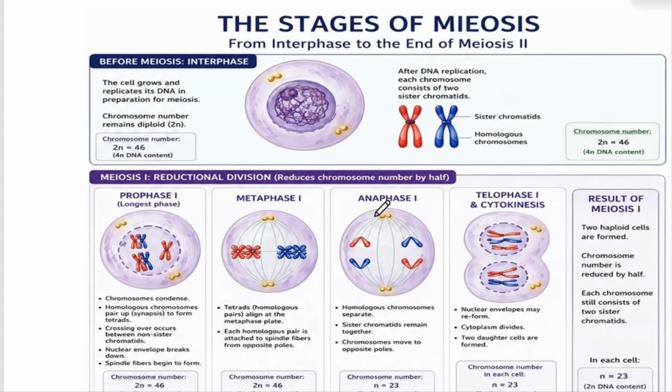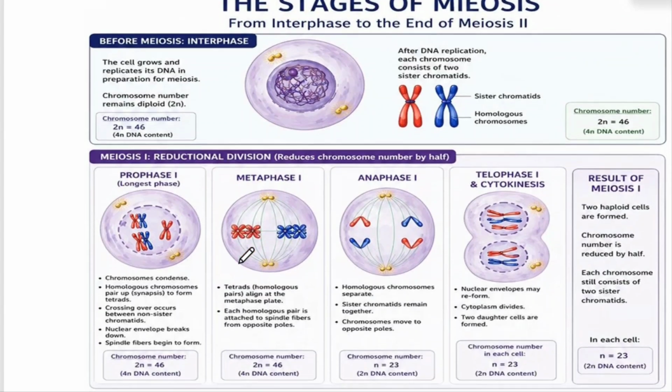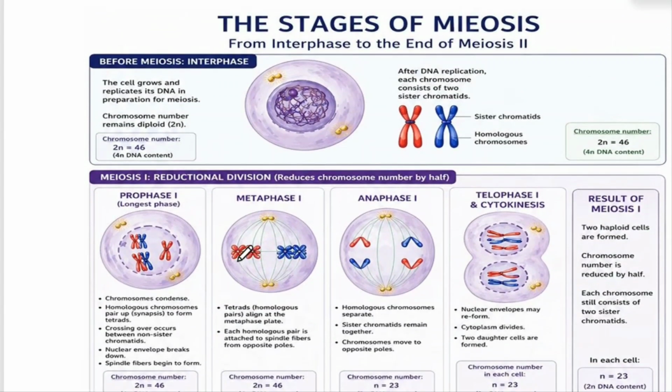This reduction is essential because when fertilization occurs, the normal chromosome number of 46 is restored. Okay? Let's start with interphase.